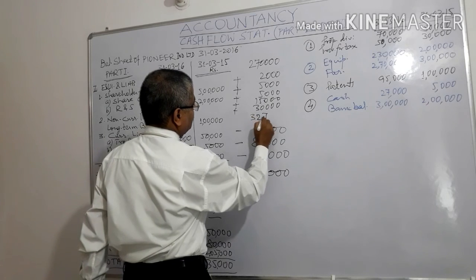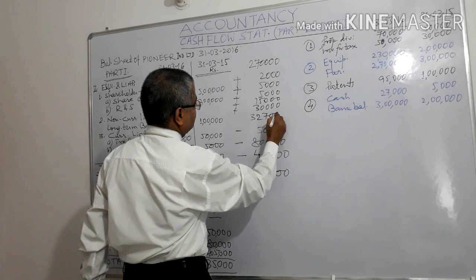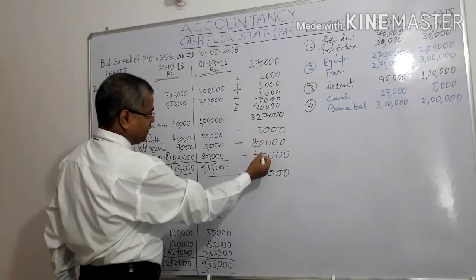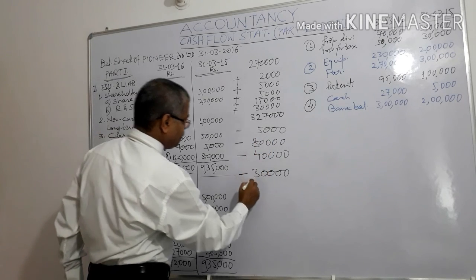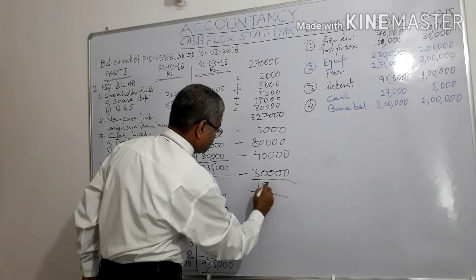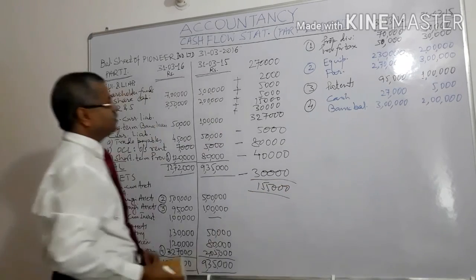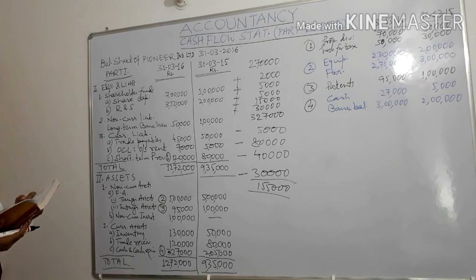Here we come to 327, right? And here it is 80, 120, 150, 155, right? 155.